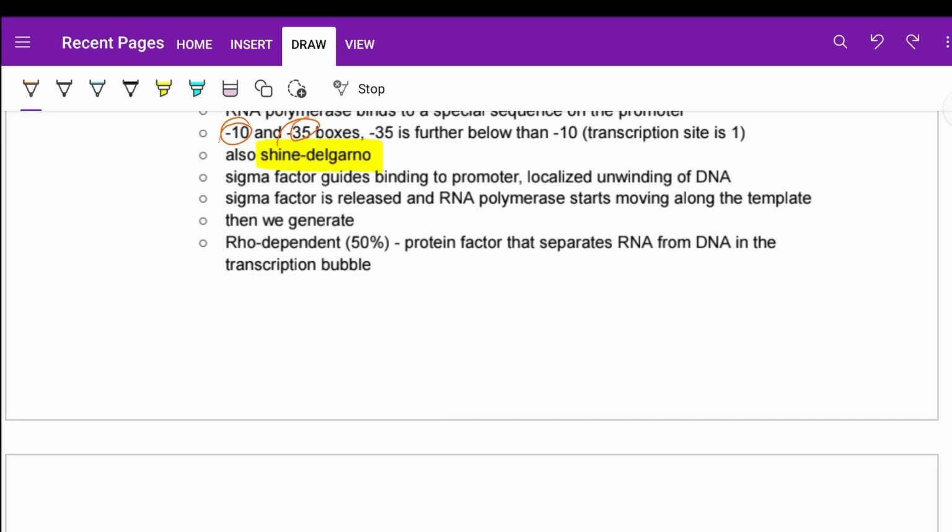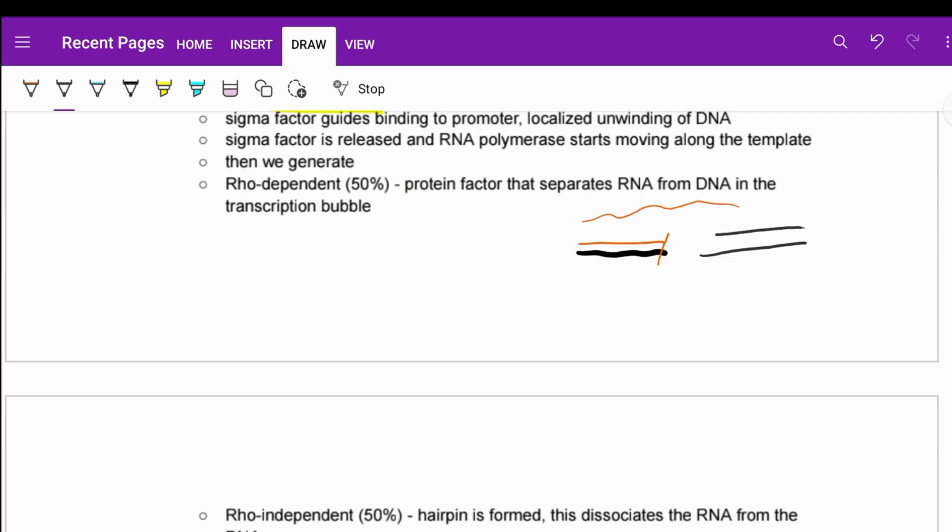Now, 50% of bacteria use rho dependent and 50% use rho independent. Rho dependent: rho is a protein that basically separates the RNA from the DNA in the transcription bubble. If the RNA is here and the DNA here, it just cuts it off and lets the RNA float away while the DNA is now like this again.